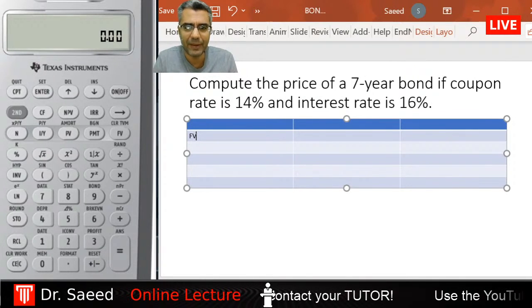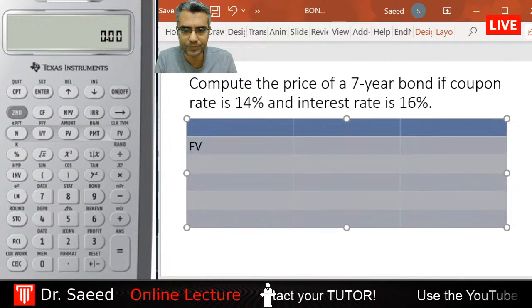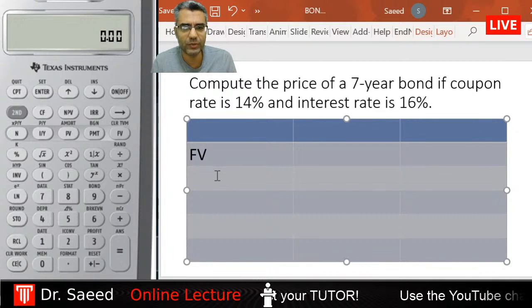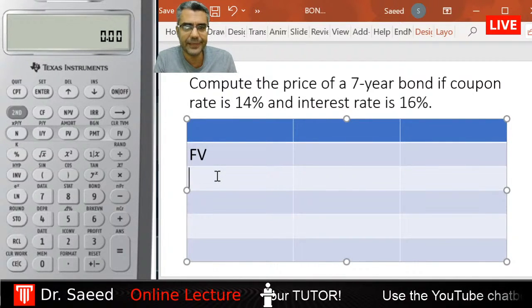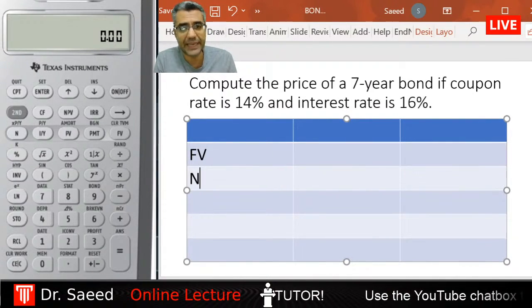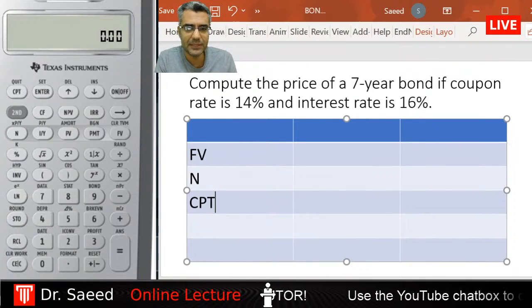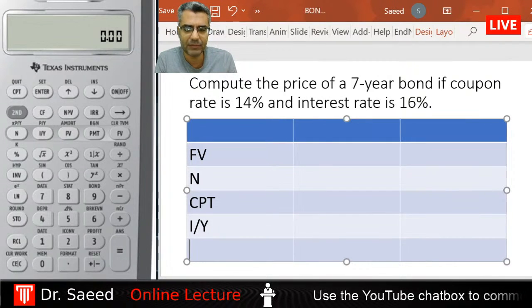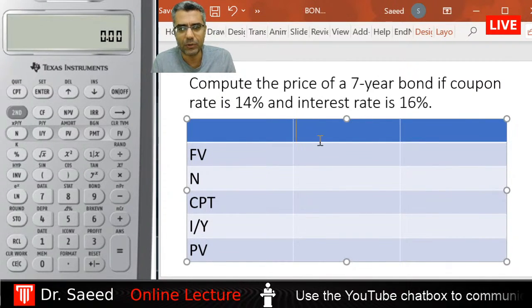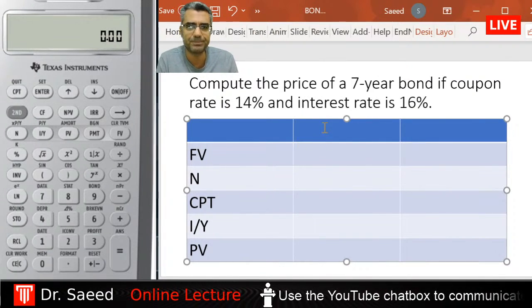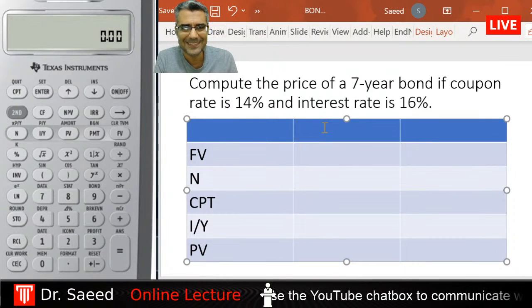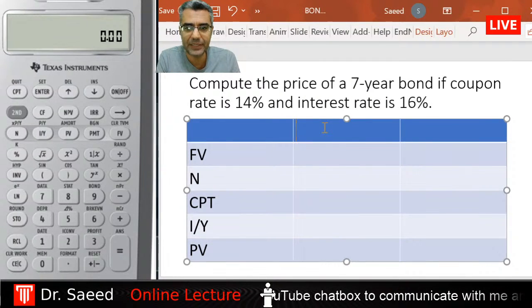For example, FV means future value, and then N, CPT, I/Y, and then we compute present value. Now, let's assume that this is an annual payment, meaning once a year they pay you.